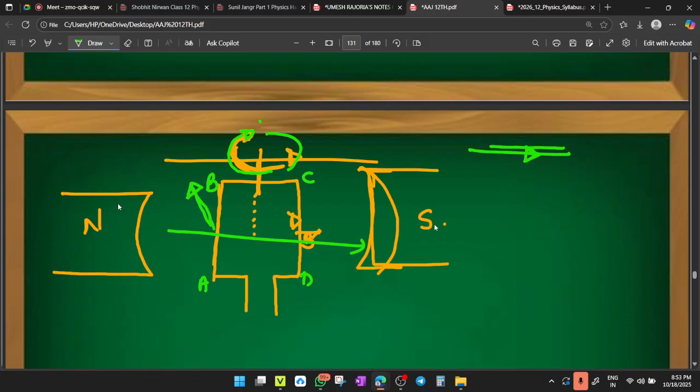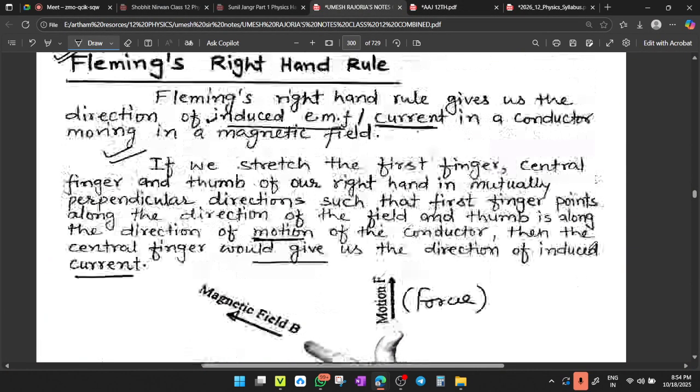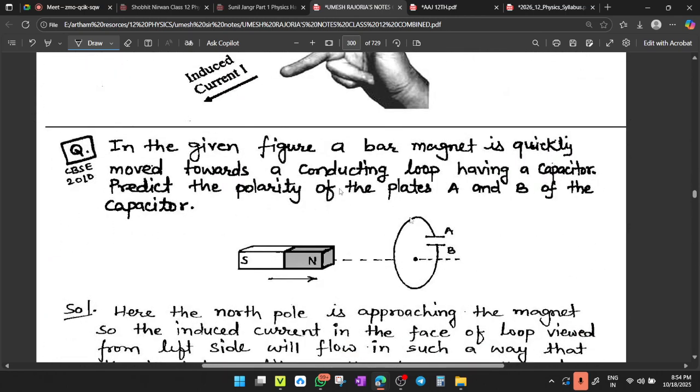Yes, current will be downward. So guys, this is the direction of electric current, downward. So in this way, current is flowing from here to here. In this way, you can find the direction of induced current using Fleming's right hand rule. Clear?